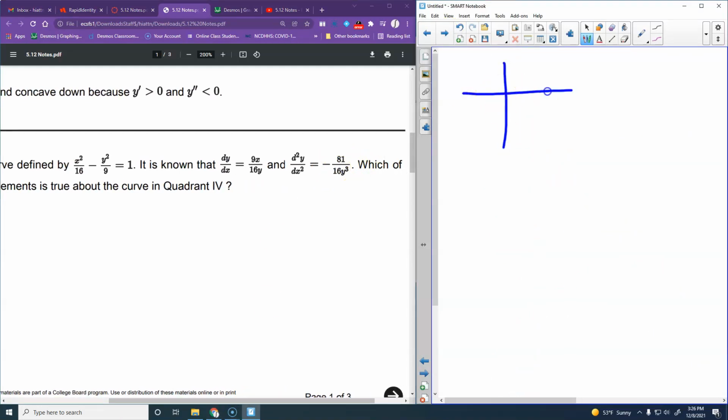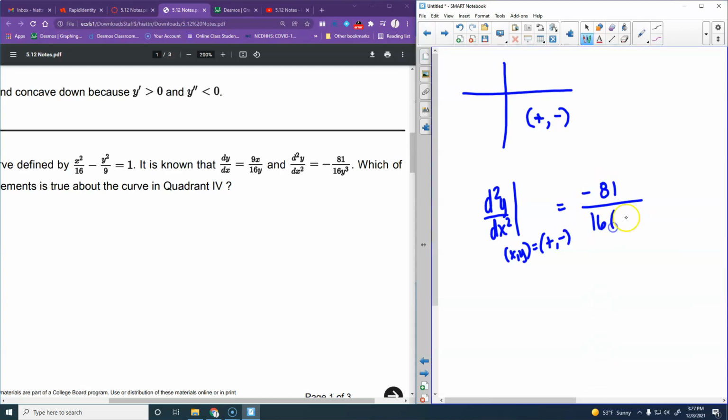So in that fourth quadrant down here, you have a positive x coordinate and a negative y coordinate. So if we have a second derivative such that xy is positive times negative, okay, then we're going to have negative 81 over 16 times a negative cubed.